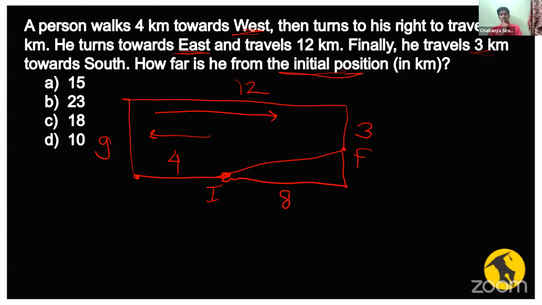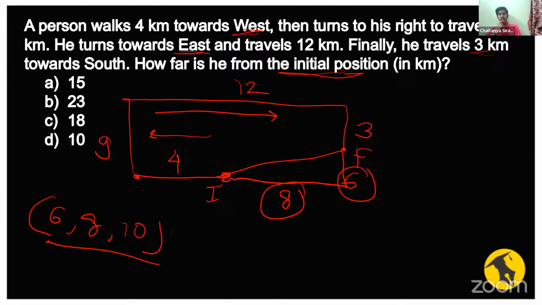So vertical distance is 6. If you remember, I told you a Pythagorean triplet at the beginning of class, which was 6, 8, 10. So here one direction is 6, another is 8. So the final, the diagonal, would be 10. So the correct answer is option D. Alright, I hope the answer is clear.